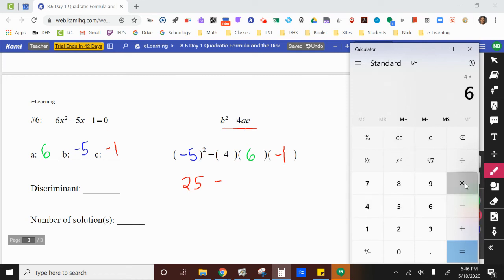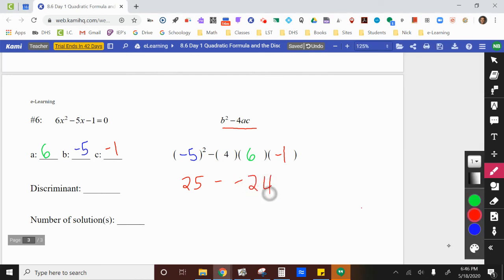4 times 6 times negative 1 is a negative 24. And now I have 25 minus a negative 24. Here we got to be careful and watch our signs.